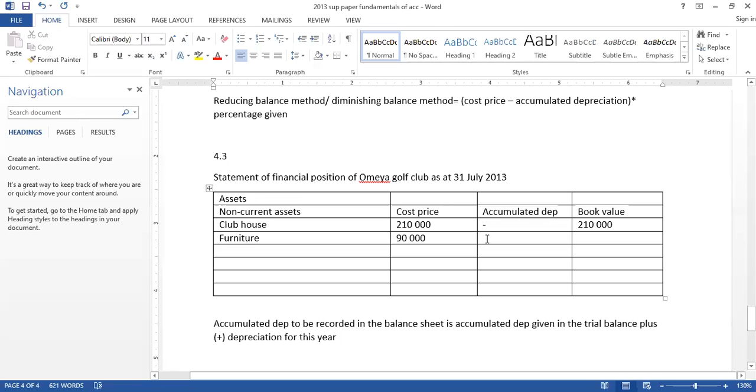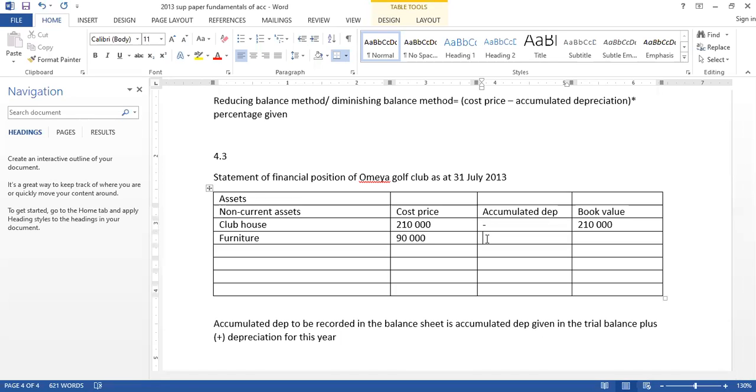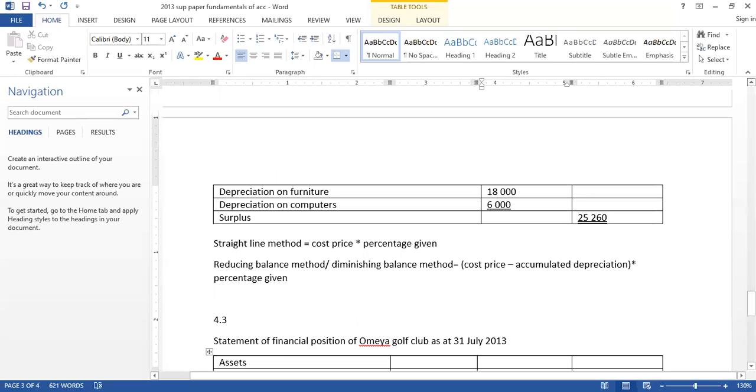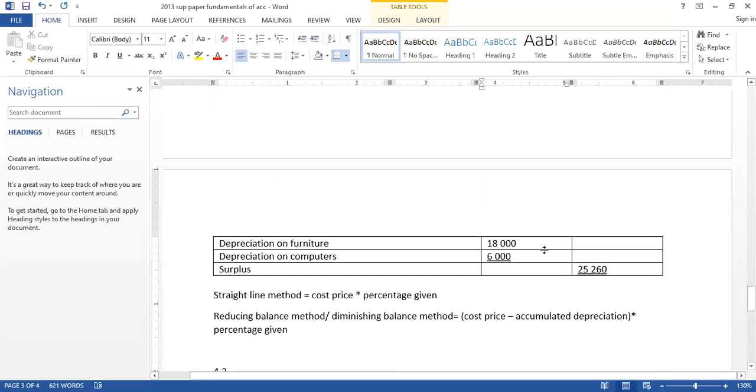Now in this case, your club furniture had an accumulated depreciation of 45,000, and then we add our depreciation for this year. So 45,000 plus depreciation for this year, which is 18,000.